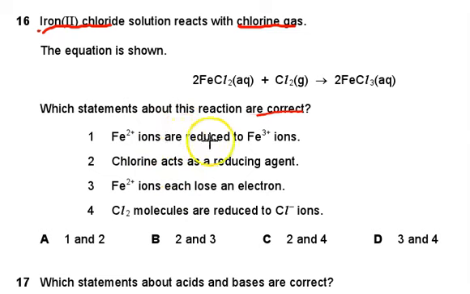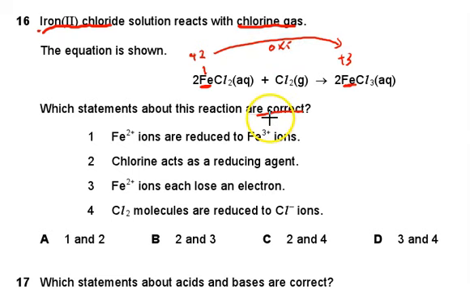Since it is all about oxidation number, let me place it over here. So this is plus 2, the iron. So iron here will be plus 3. So this one will be an oxidation. So I just put there oxidation.